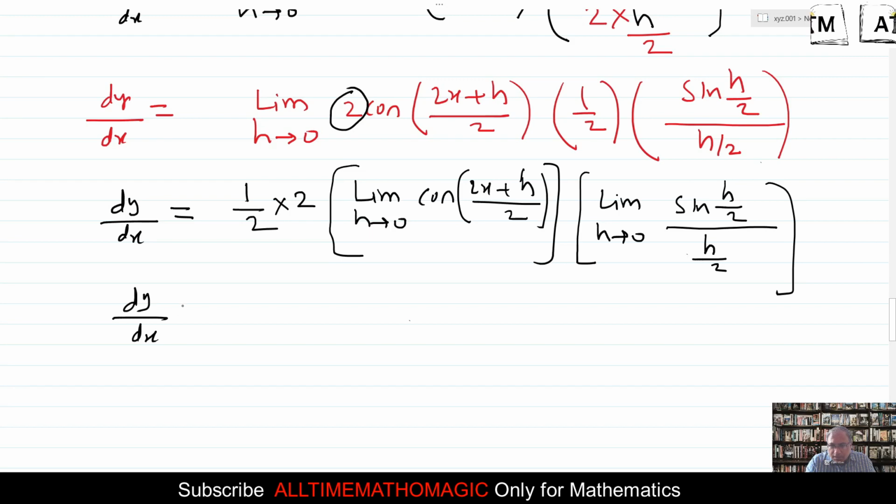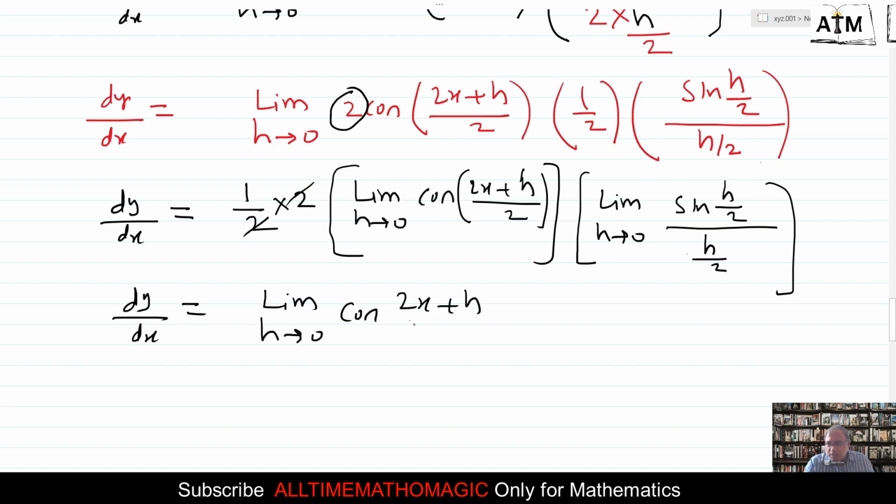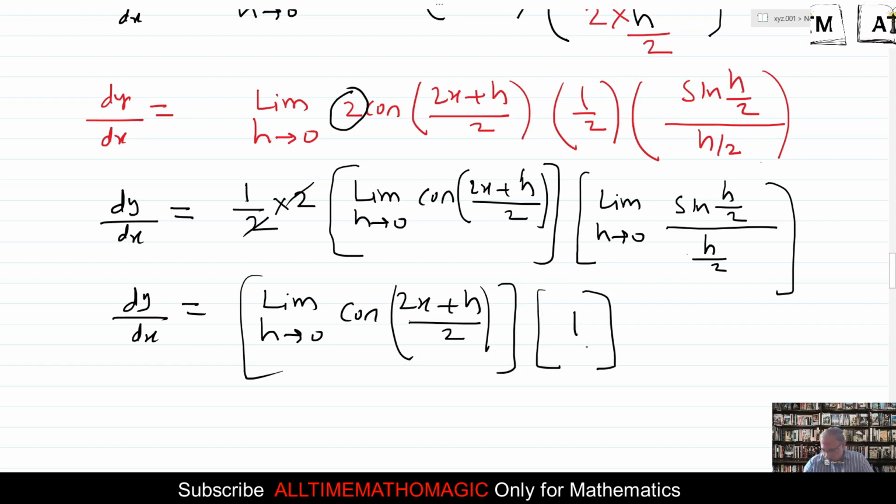Therefore dy by dx equals, these two get cancelled, limit h tending to 0 of cos of (2x plus h) by 2, and by the formula the other limit becomes 1.